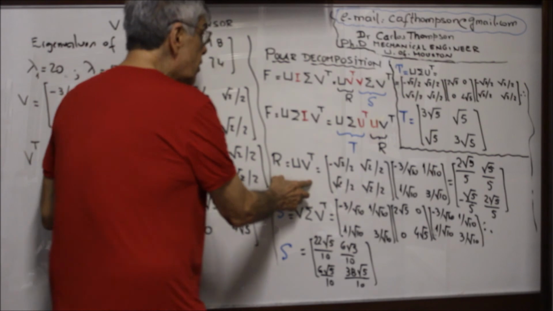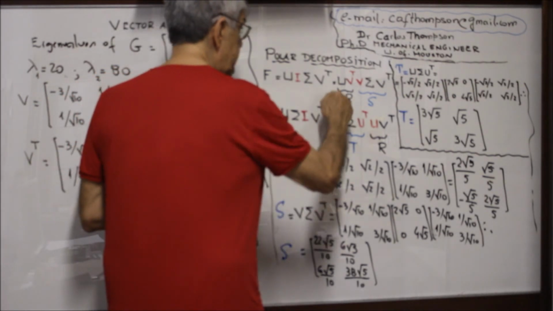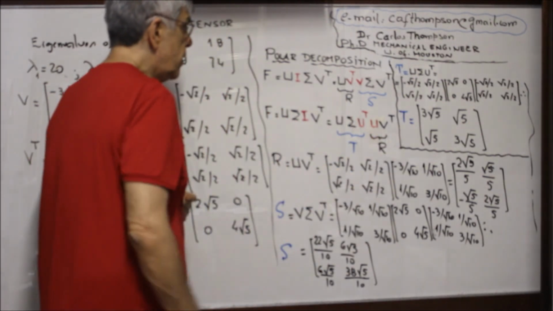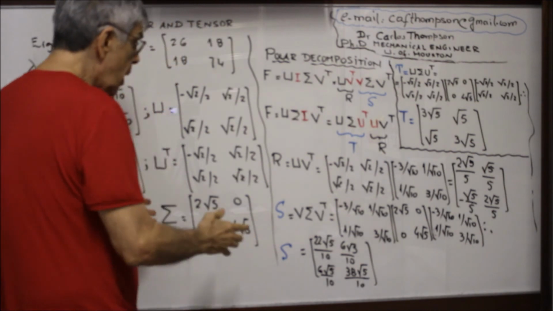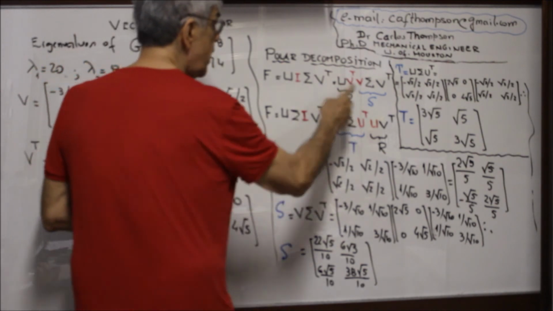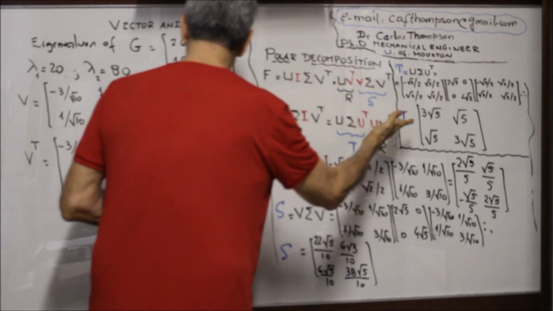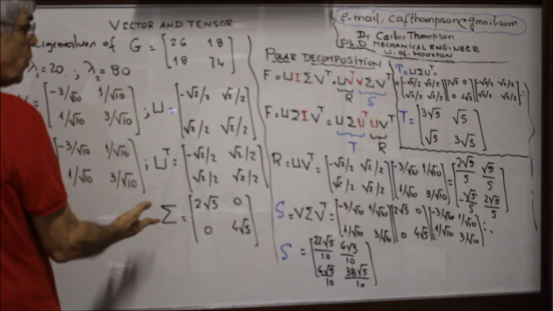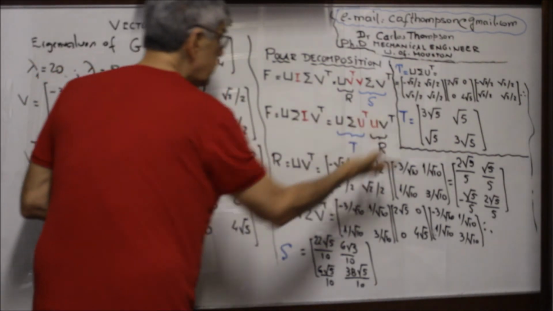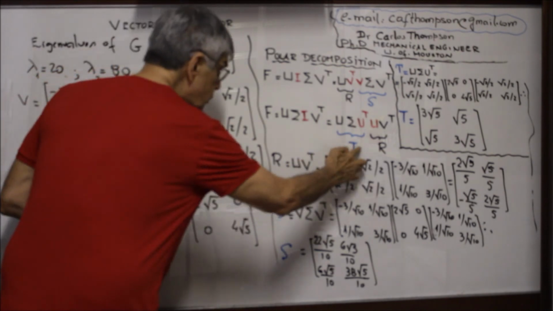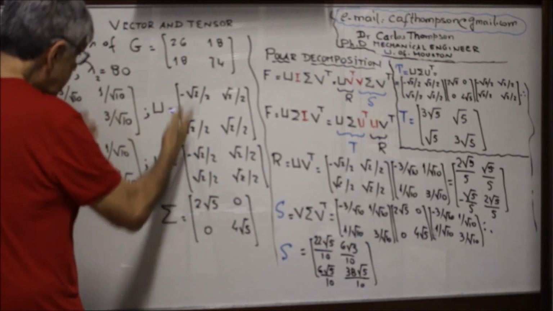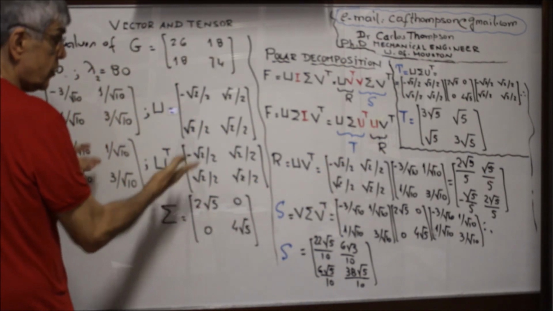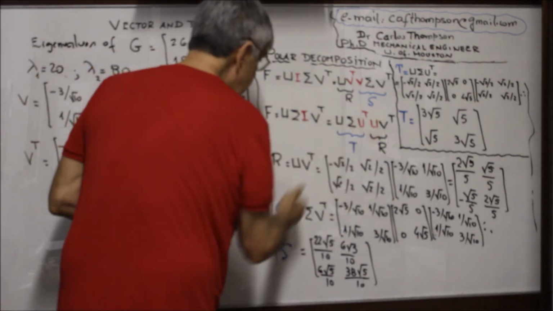Now the rotation tensor appears here and over there. Now to get S, S is V sigma V transpose. All the matrices we need to calculate S, and also T, are available here. Just use them.